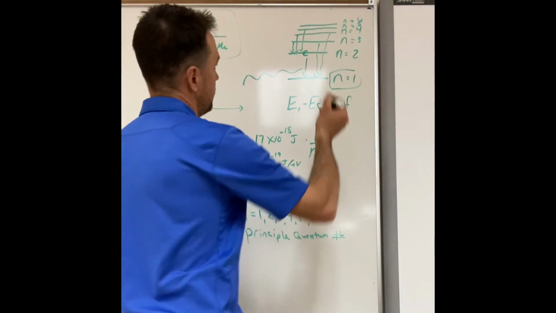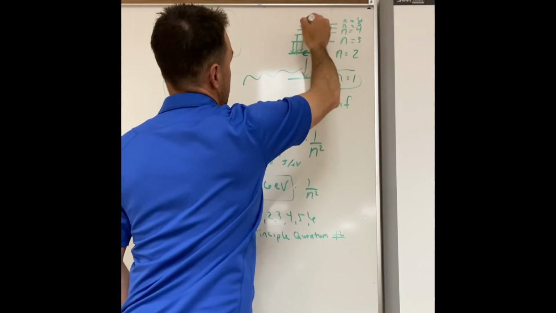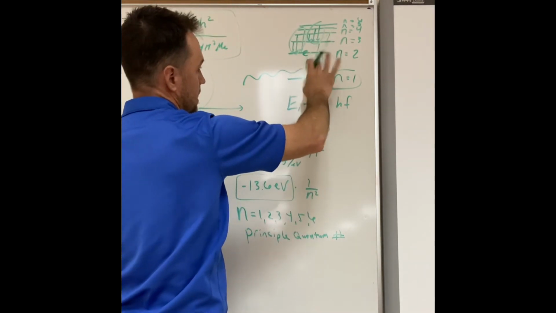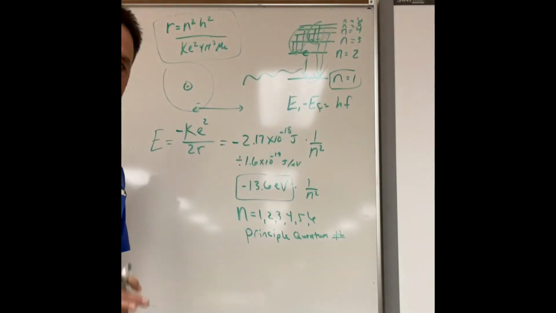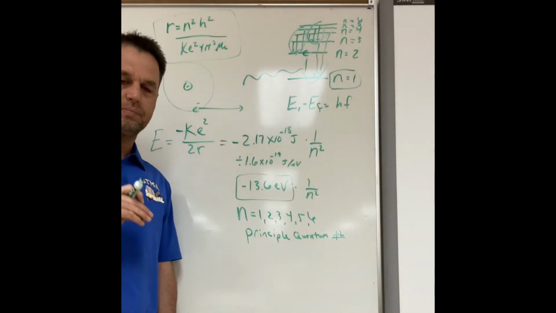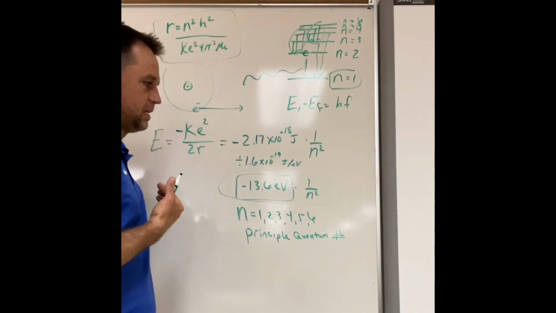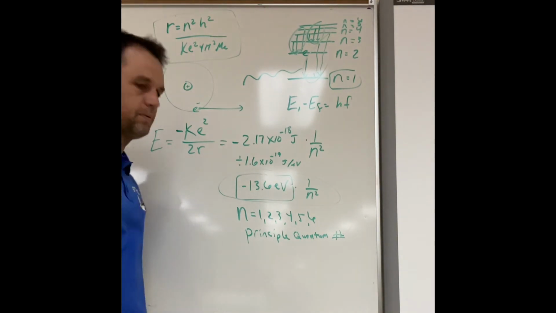And if you want infrared light, we're looking at the jumps down to level 3. So these series, we call them the Lyman, Balmer, and Paschen series. The Lyman is the UV jumps, the Balmer is the visible, and Paschen is the infrared. We know exactly what photons are coming because we know the energy for every single energy level just depends on n squared, where n is the principal quantum number.